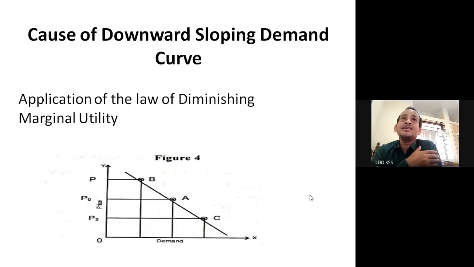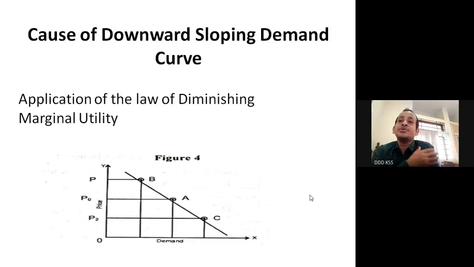Then we'll discuss the causes of the upward sloping demand curve. Then we'll discuss the exception to the law of demand, that is Giffen paradox. So these things we will discuss in today's session.